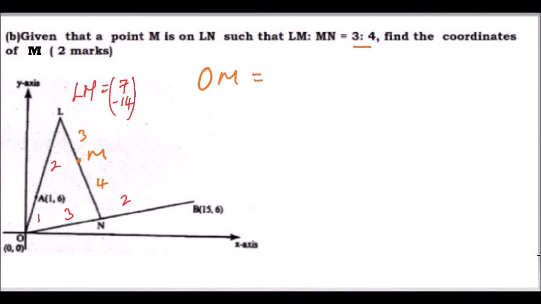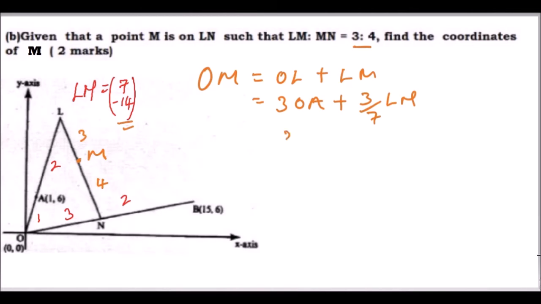You can move from O to L, then L to M, or from O to N, then to NM, and I'm going to choose this option. So it is OL plus LM. We know that OL is the same as 3OA. Then we have plus LM, which is a fraction, 3 out of 7 of LN, and we had worked out LN in part A.